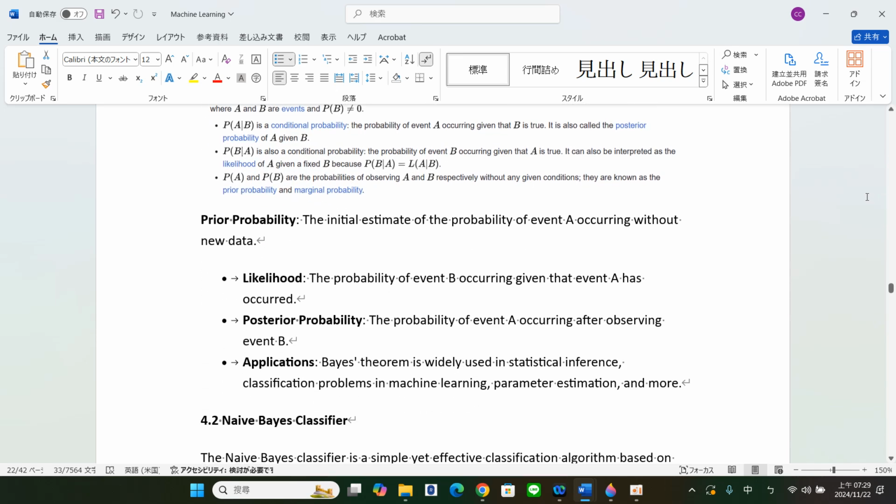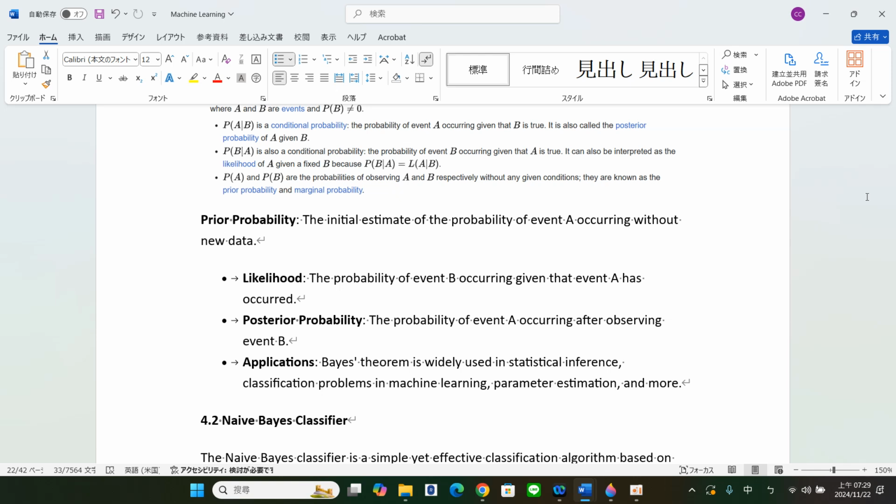The prior probability is the initial estimate of the probability of event A occurring without new data. Likelihood is the probability of event B occurring given that event A has occurred. Posterior probability is the probability of event A occurring after observing event B.